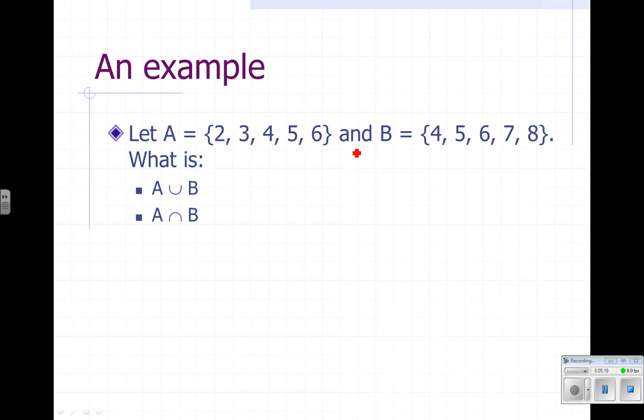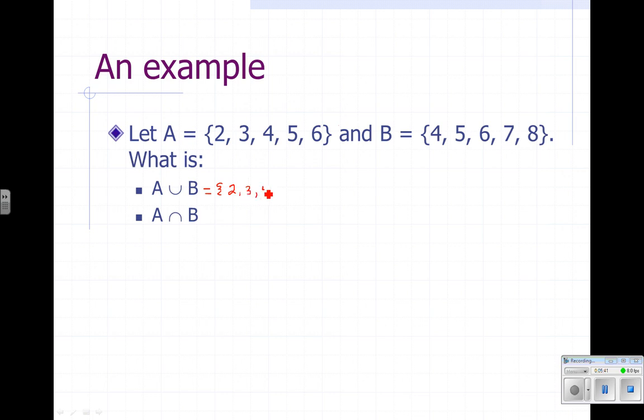So let's take on our union first. Our union is going to be a set that is formed by joining all the elements in set A and all the elements in set B, but we're not going to repeat elements. So we notice, for example, that we have to include 2, we have to include 3.